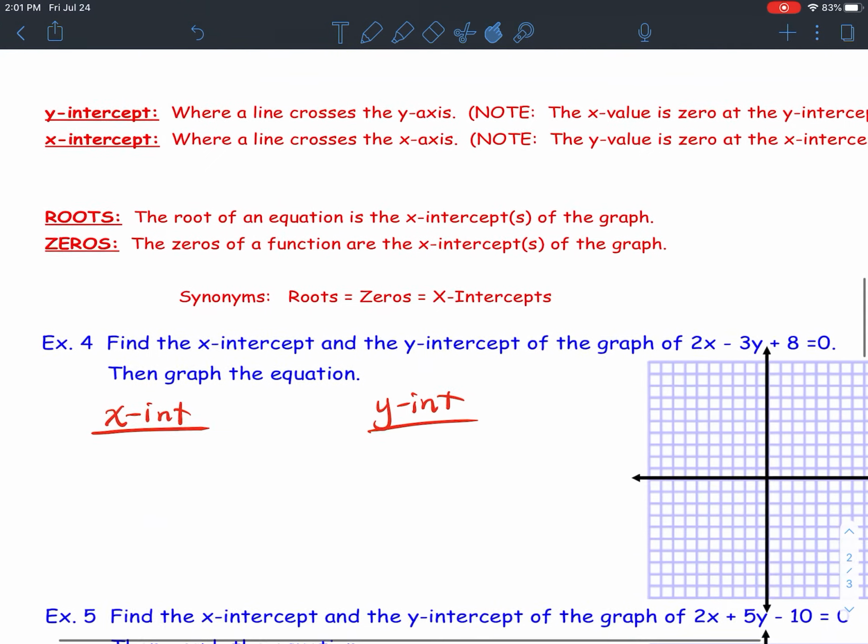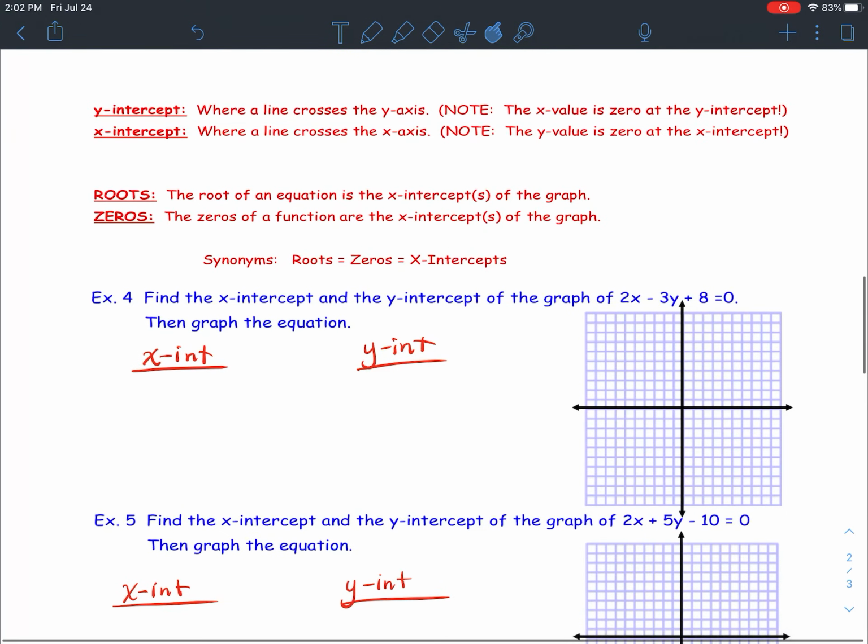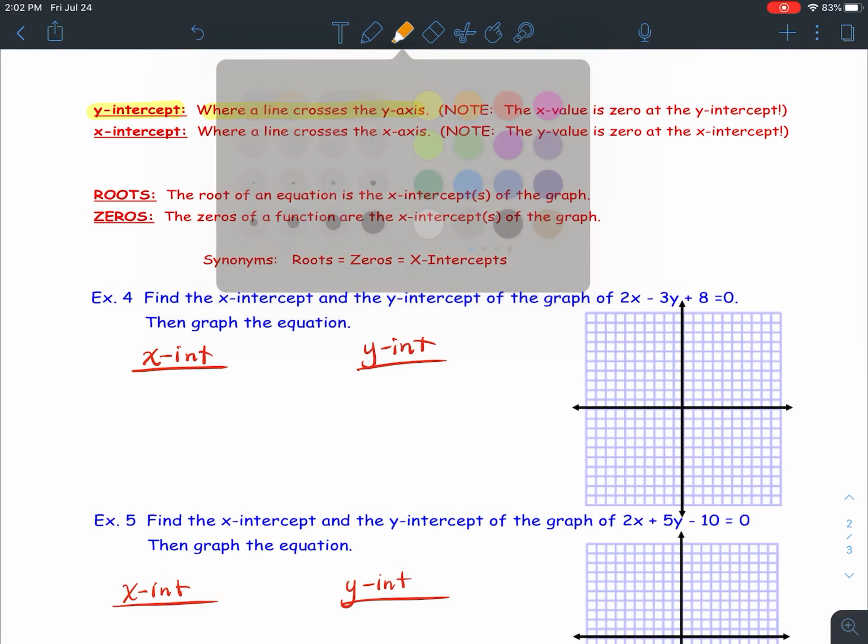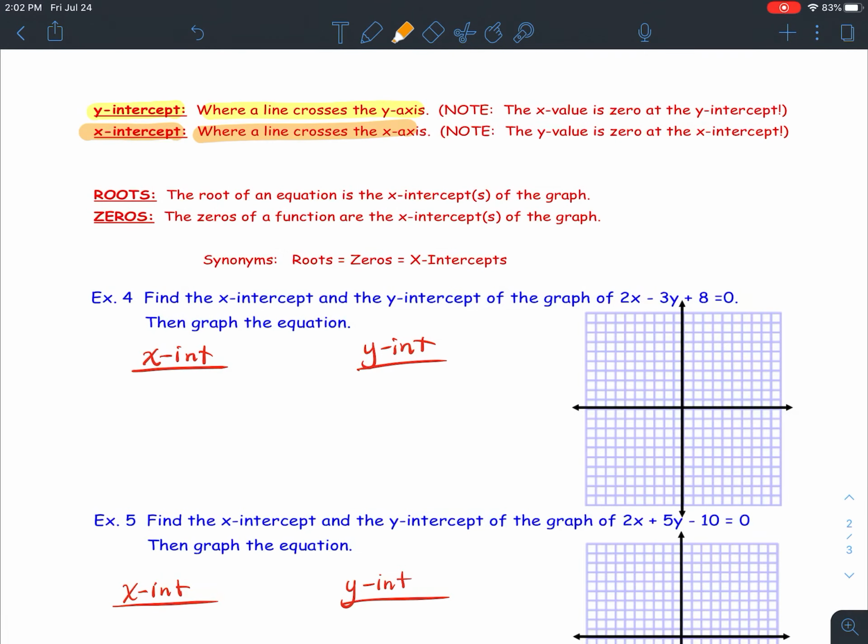So let's take a look at the back, a couple examples here on the back that have to do with x and y intercepts. When we talk about x and y intercepts here, I think that you are familiar with what these are referring to. A y-intercept is where the line crosses the y-axis, and an x-intercept is where the line crosses the x-axis.